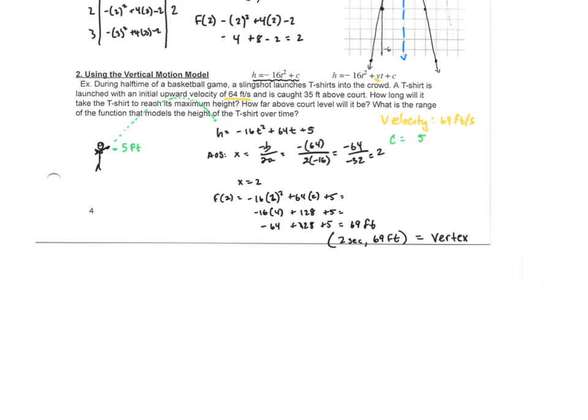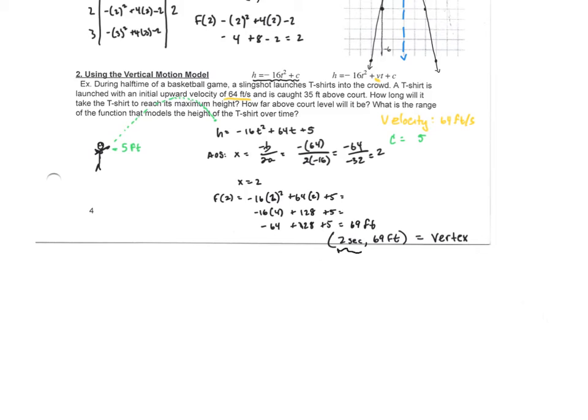Okay, so how long will the t-shirt take to reach its maximum height? We determined that it reaches its vertex at 2 seconds. That's how long it takes to get to the maximum height. And it says, how far above court level will it be? And then what is the range of the function that models the height?